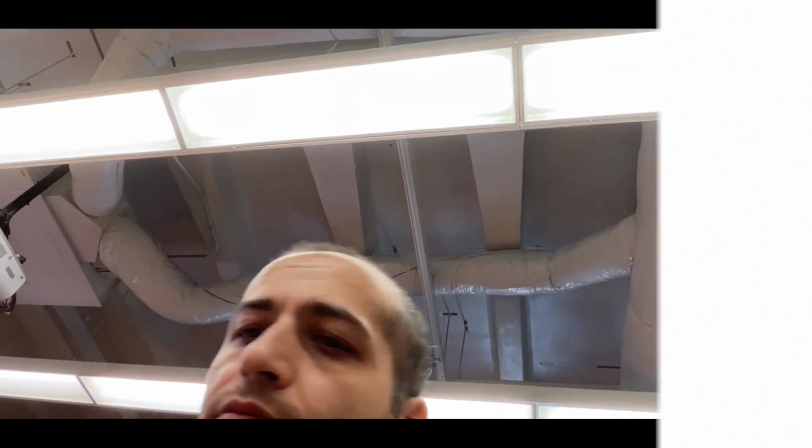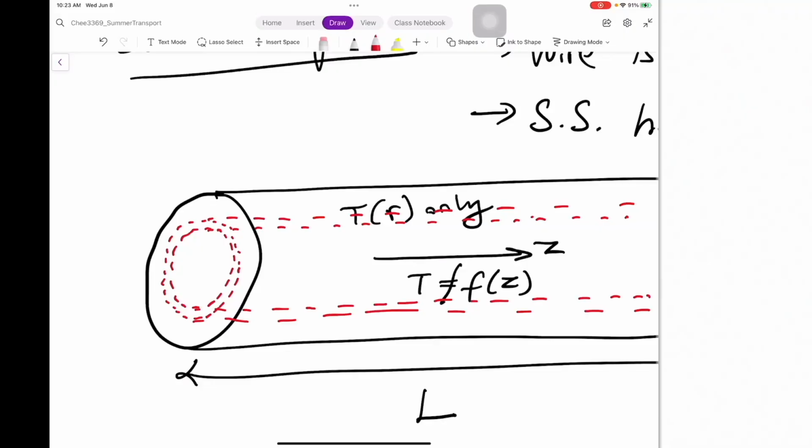That clear? So it has a radius of r, any arbitrary r, and the thickness of it is delta r. So the outer radius is r plus delta r.